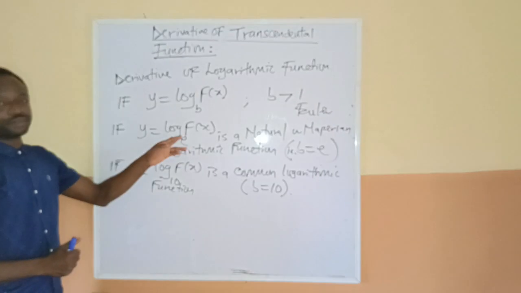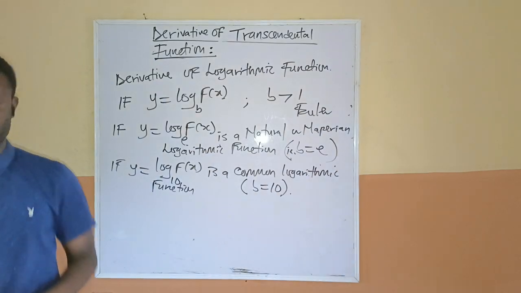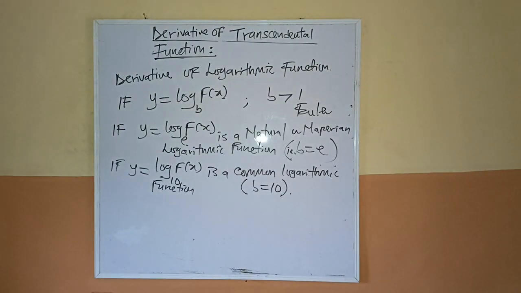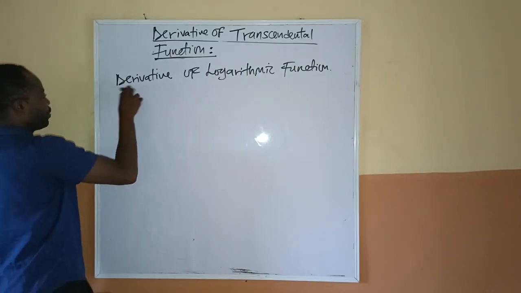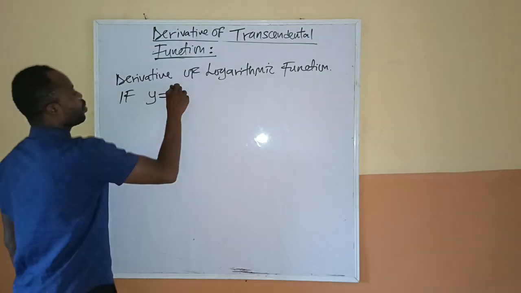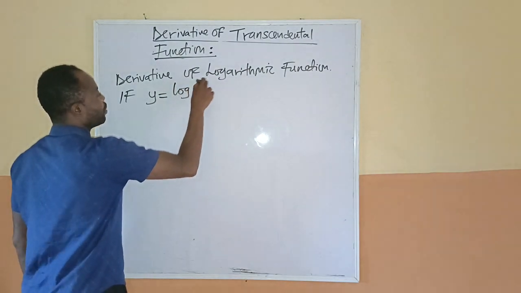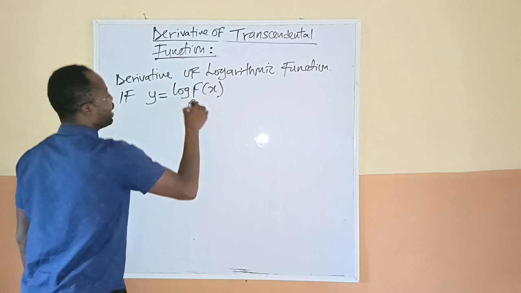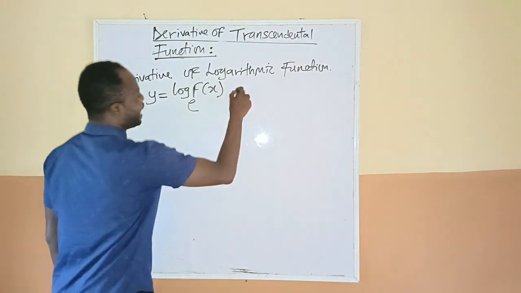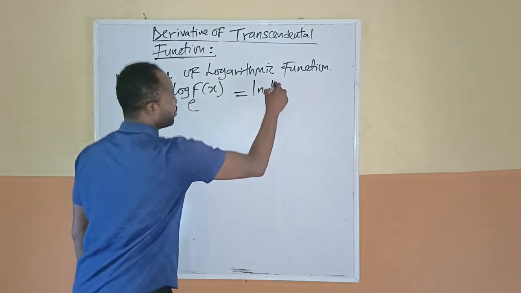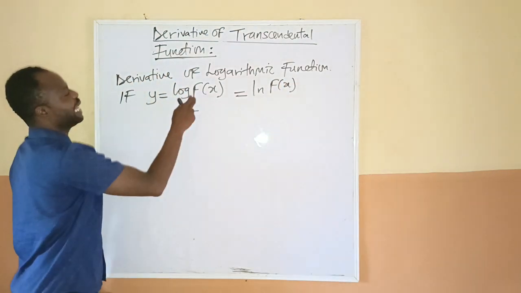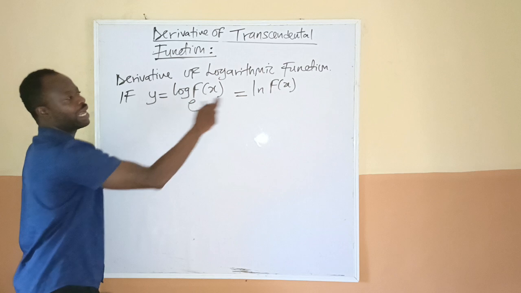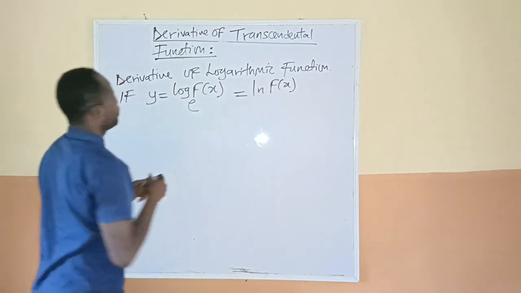So let's now look at the derivative of each of them. Let's start from the first one very quickly. If y equals log f of x to base e, which can also be written as ln f of x, it's still the same thing.